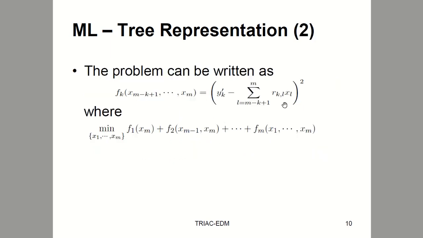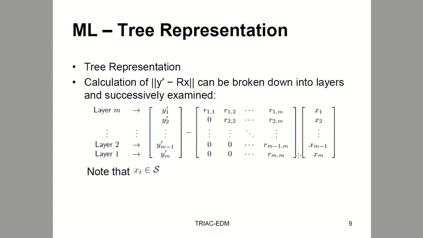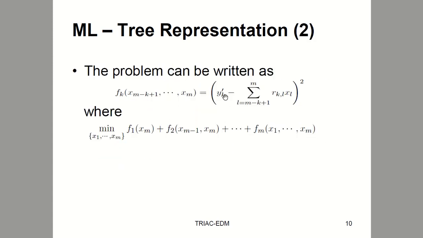So you get this equation, and this equation is read from bottom to top. And then you have y minus this, which minimizes f1 of x_M plus f2 of x_M and x_(M minus 1), and so on and so forth.